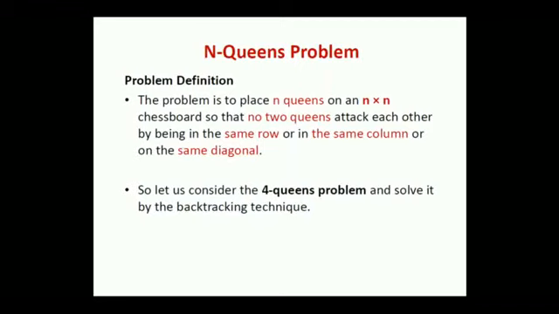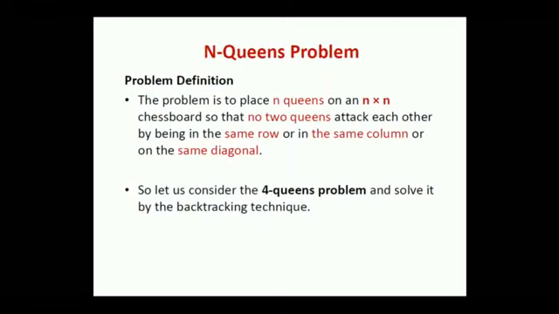So when do we say that two queens attack each other? We say so if the following conditions are met. That is, two queens attack each other by being in the same row or in the same column, or if they are on the same diagonal.